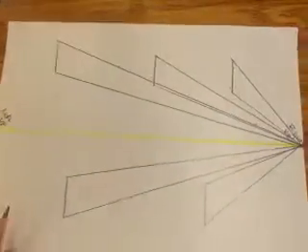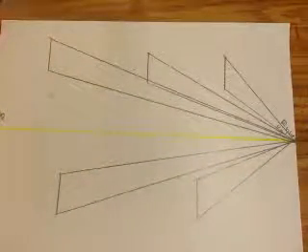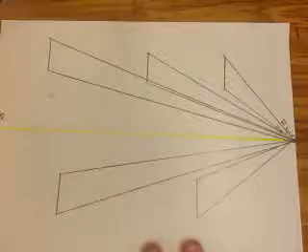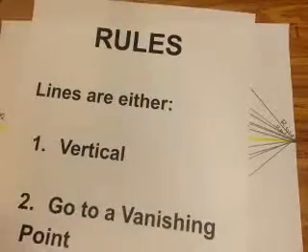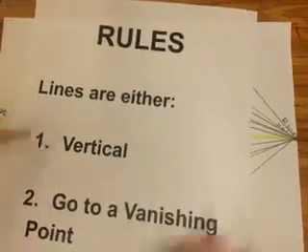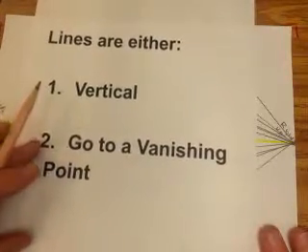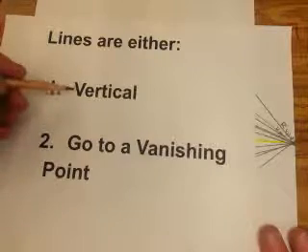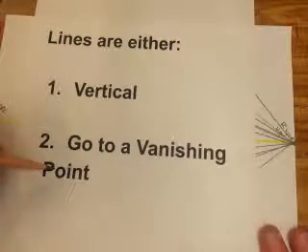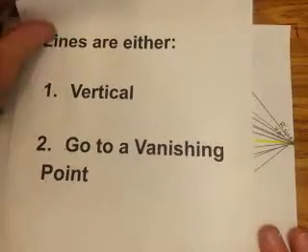All right, and this is a good place to revisit our rules. I've done this step, and I started with 5 vertical lines, and I connected them to a vanishing point. So every line right now on my drawing is either vertical or going to the vanishing point. So let's continue.